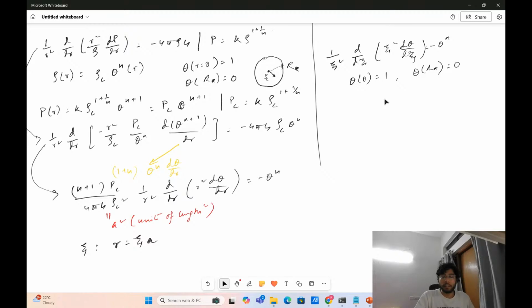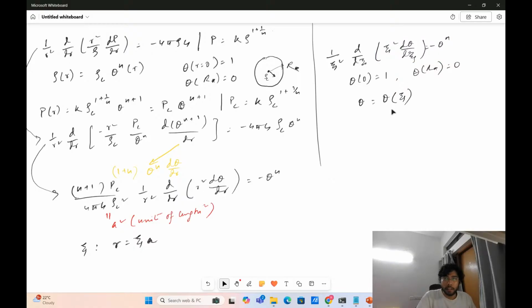Now, as I was saying, the reason we do this is because this is a very simple form of differential equation which can be solved very easily, given a system. And from here, you can obtain theta as a function of psi, right?